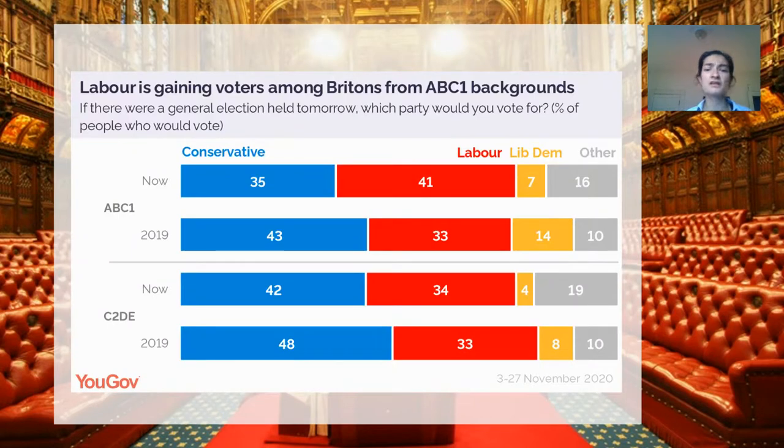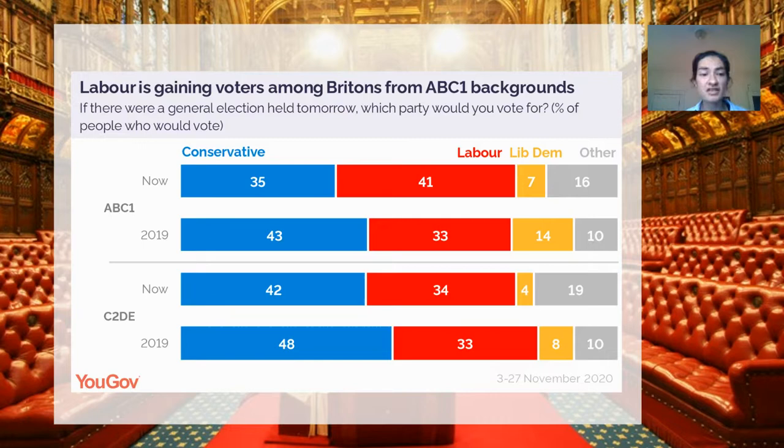This graph shows you poll results from a poll taken in, I think, December of 2020. They ask people to identify their social class. ABC1, those first two bars, refers to people with primarily middle class or non-manual occupations, whereas C2DE, those third and fourth bars on the chart, show you the people who are primarily identified as working class, or whose jobs primarily involve manual labor.